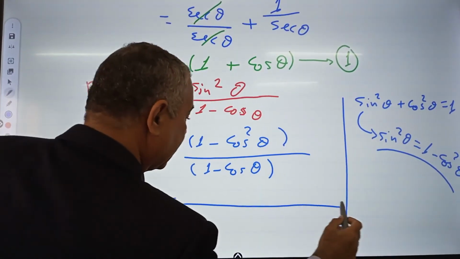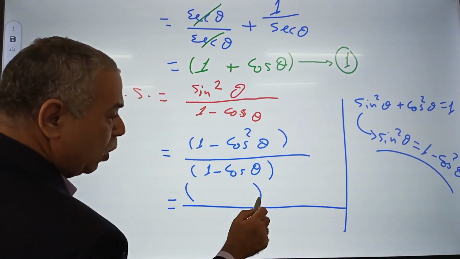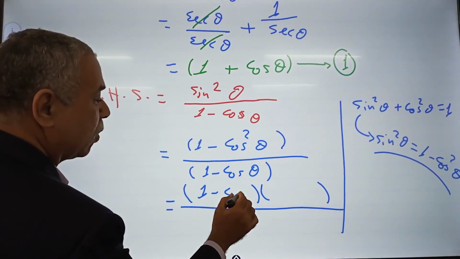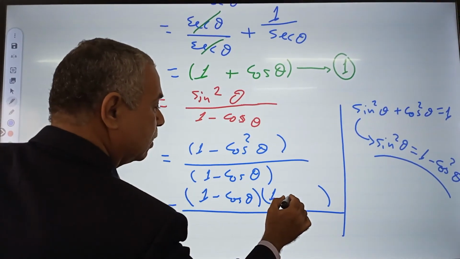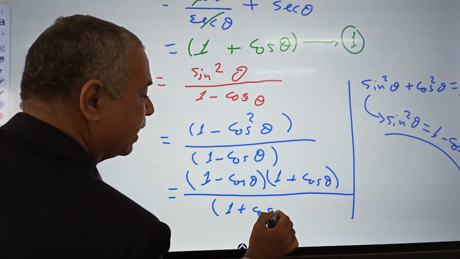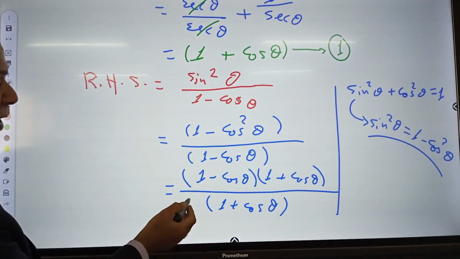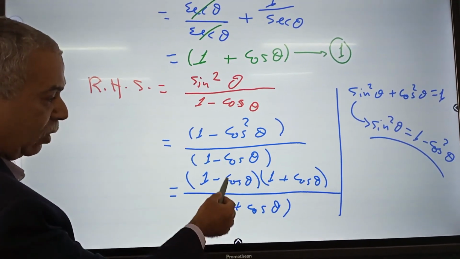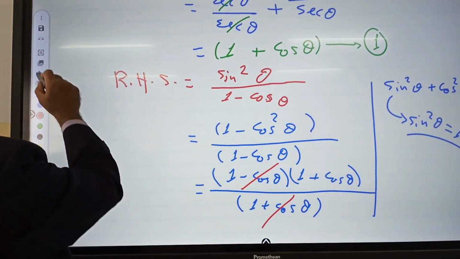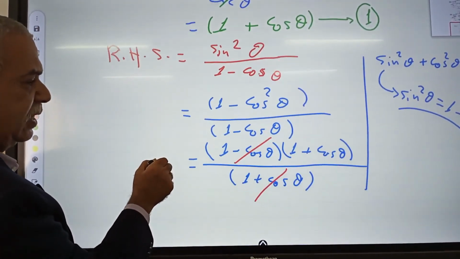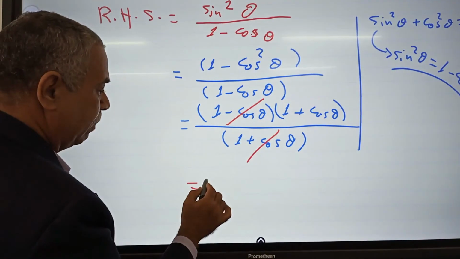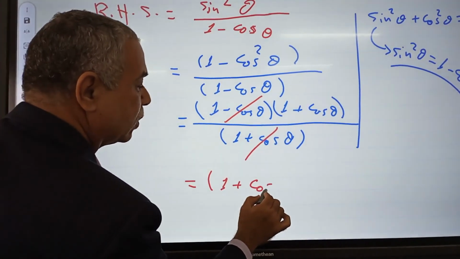We can factorize it as the product of two factors: (1 minus cos θ) times (1 plus cos θ) over (1 minus cos θ). By simplification, we can cancel the common factor between the numerator and the denominator, 1 minus cos θ with 1 minus cos θ. The remainder is 1 plus cos θ.